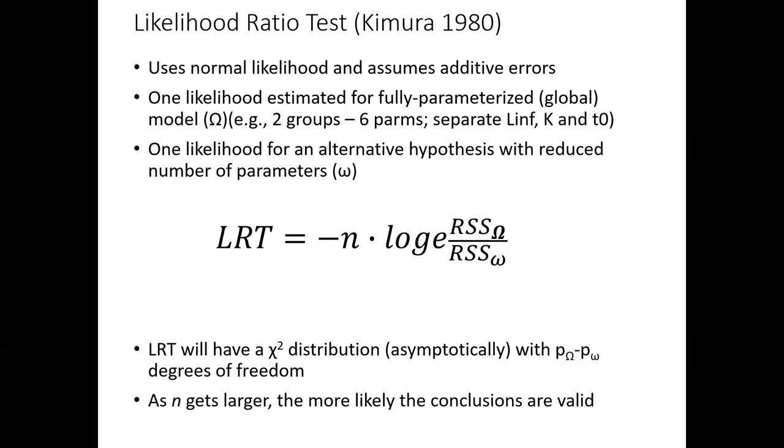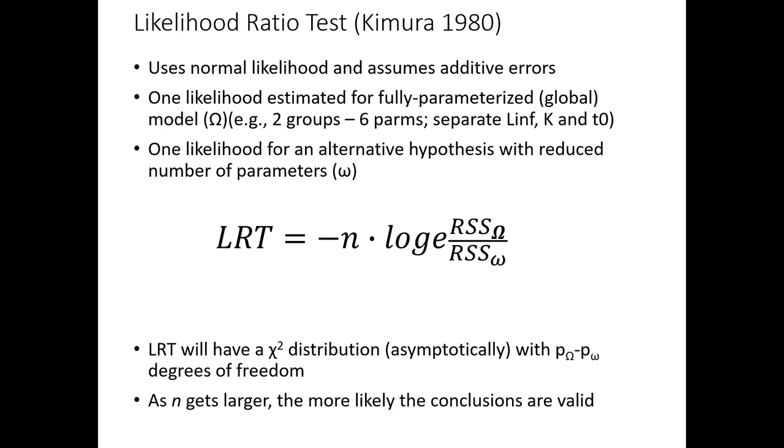So the likelihood ratio test looks like this. Once you do your fit, we're using least squares, you take the residual sums of squares of the global model, divide it by the residual sums of squares of the alternative model, and calculate a likelihood ratio based on this formula. The likelihood ratio has a chi-square distribution, and you calculate degrees of freedom by taking the difference in the number of parameters between the two models.